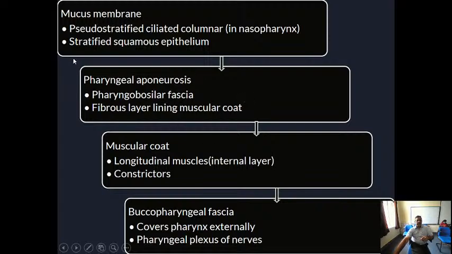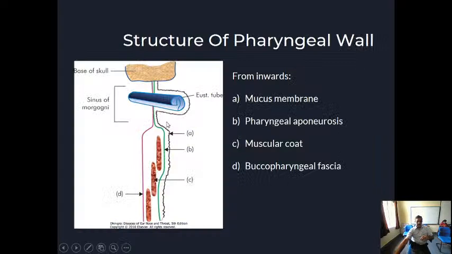Then you have the pharyngeal aponeurosis, otherwise called the pharyngobasilar fascia, the second layer seen in green. Then you have the muscles, the constrictor muscles and the longitudinal muscles that I mentioned. Deeper to that, you have the buccopharyngeal fascia, lying laterally, and lateral to this you have spaces.